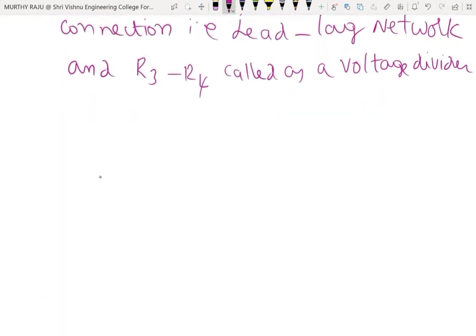This is the network. R and C connected in series and R and C connected in parallel.